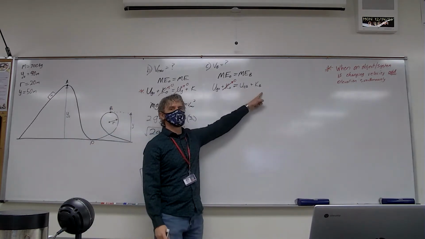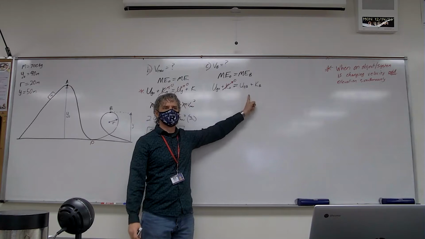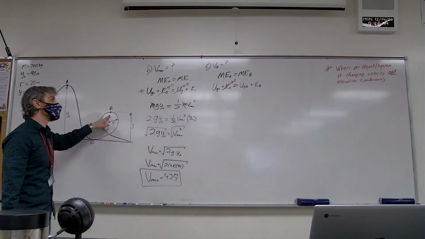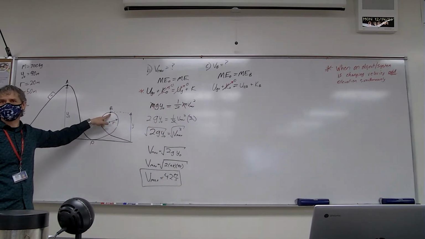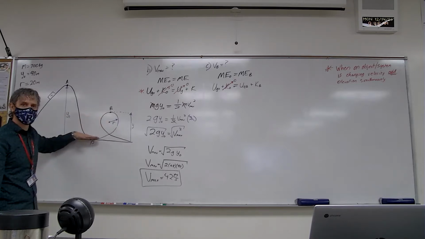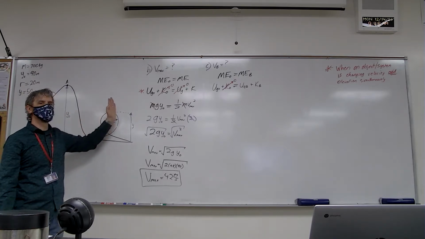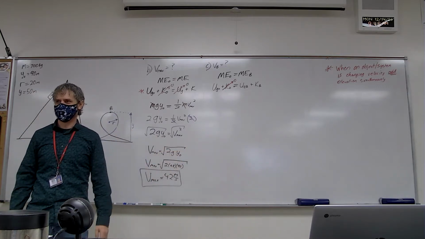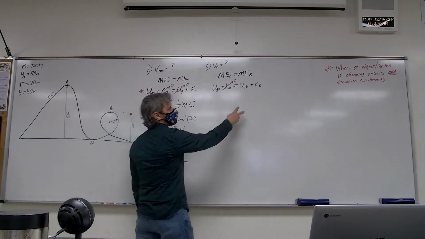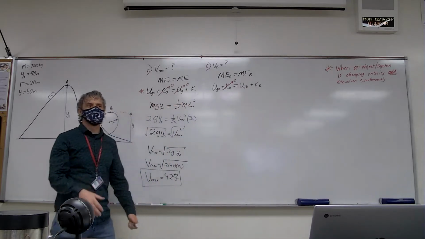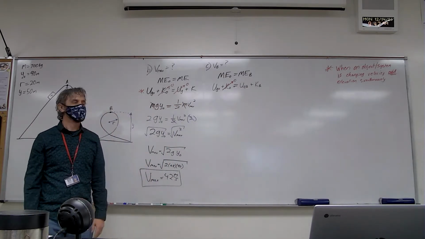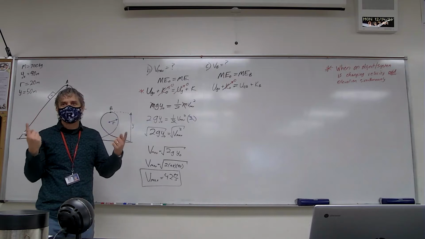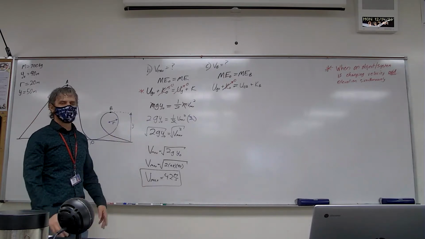Note that I can't cross out either one of these two though, because at point B, I have gravitational potential energy, right? It was all kinetic at point P, but as the object moved up, it started taking some of that kinetic and transferring back to gravitational potential. And so I have both types of energy here. So don't get in the habit of always crossing out one on either side. Chances are at least one of them will be crossed out depending on the problem, but you can't assume that.